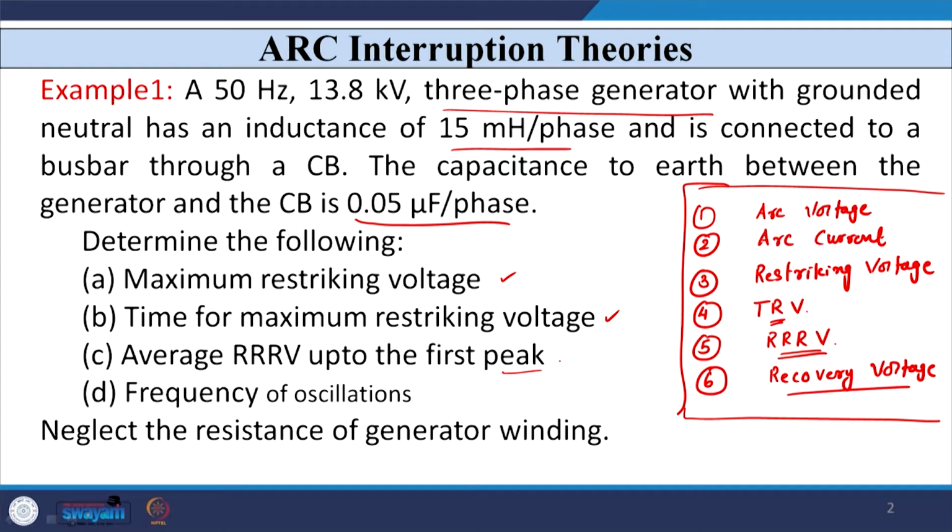You need to find all this assuming that the resistance of the generator winding is very small or 0. So let us find out the maximum restriking voltage with the given values.